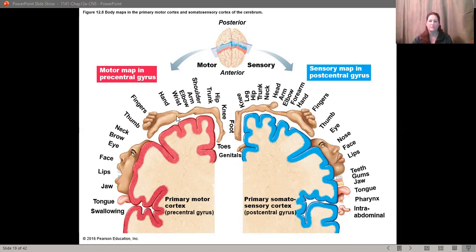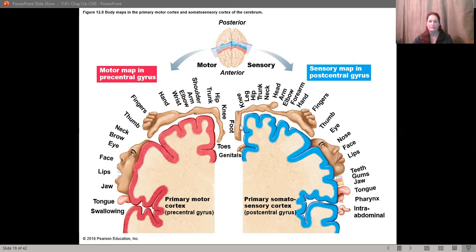If we want to move our fingers, we would be looking at motor neurons located in this area. You can see the face is disproportionately represented. More neurons are given to things like speech and facial expression than to the shoulder, arm, and elbow.